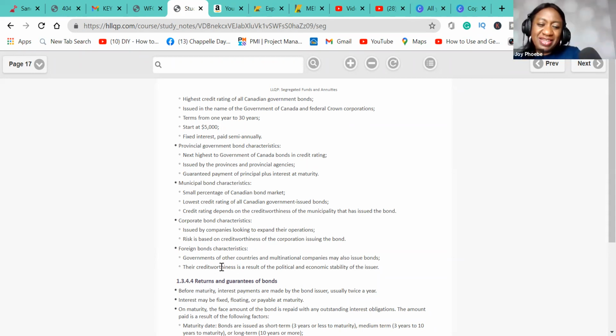Foreign bonds characteristics: the governments of other countries and multinational companies may also issue bonds, right? And their creditworthiness is a result of the political and economic stability of the issuer. So, for instance, London, UK can come to Canada and issue some corporate bonds, or some multinational companies.